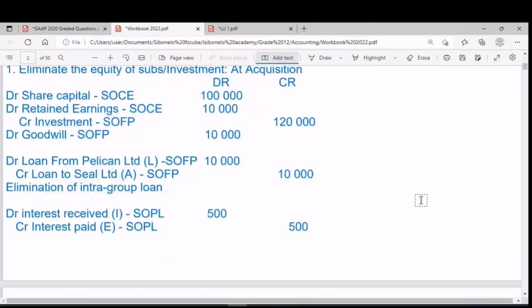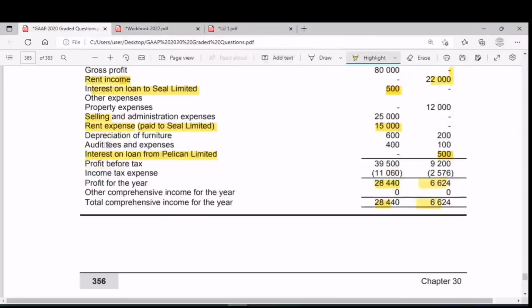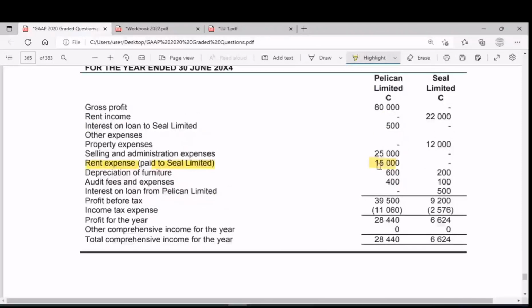Okay, the last elimination we do is the rent expense paid to Usil Limited. The rent is 15,000. So Pelican paid rent of 15,000, which means Usil received the rent. Here we see rent income under Usil of 22,000.